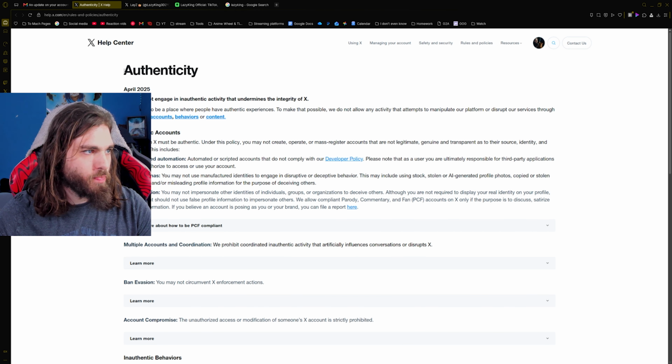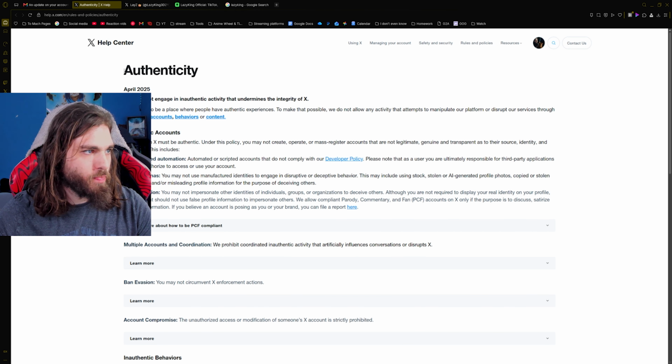Still on the same page here. Inauthentic accounts. Accounts on X must be authentic. Like, I'm real, right? Under this policy, you may not create, operate, or mass register accounts that are not legitimate, genuine, and transparent as to their source, identity, and popularity.